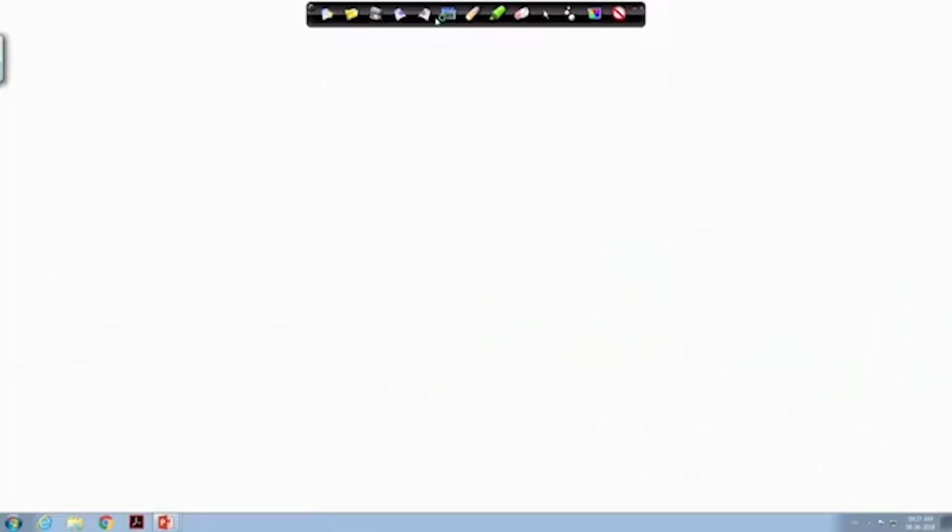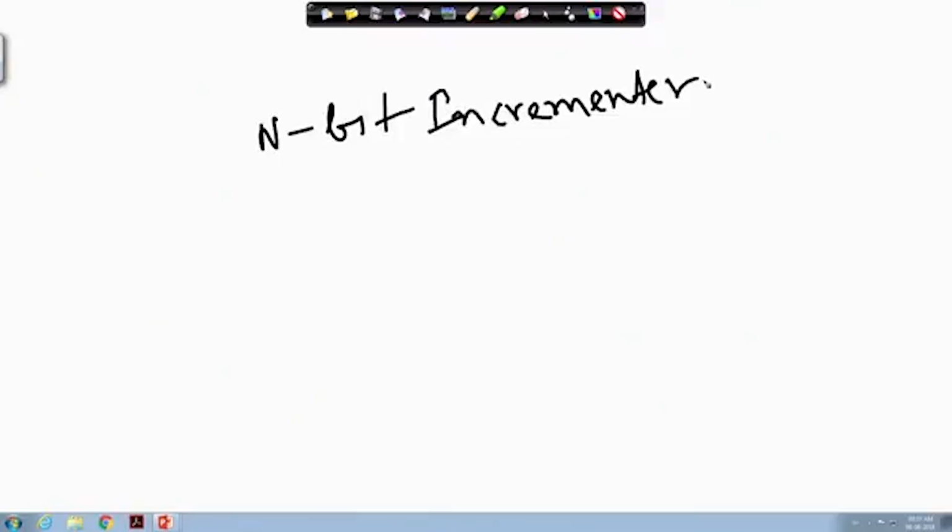Again, we can do this if I want to add 2, or add 4, or increment the circuit by 8 also. So what will happen? In the incrementer design for n-bit, what was the expression?